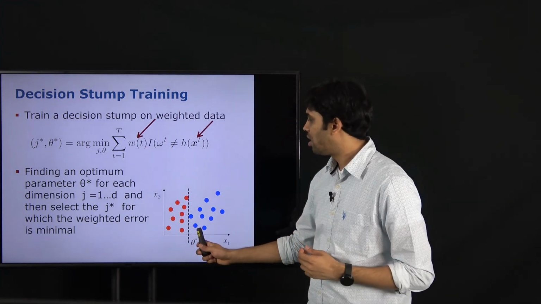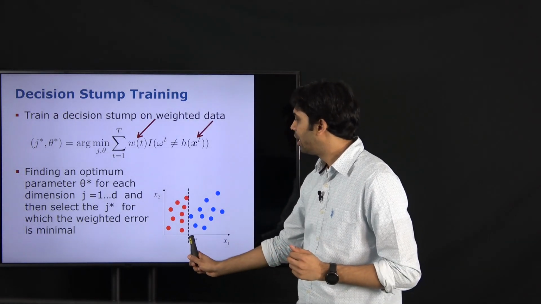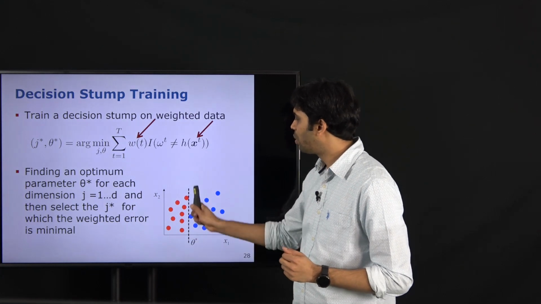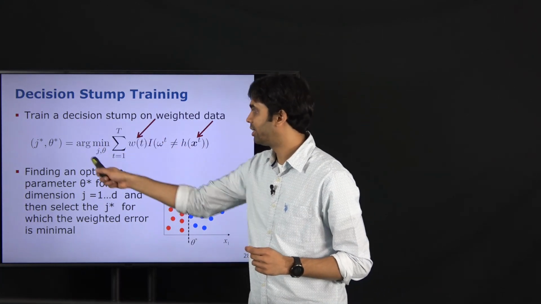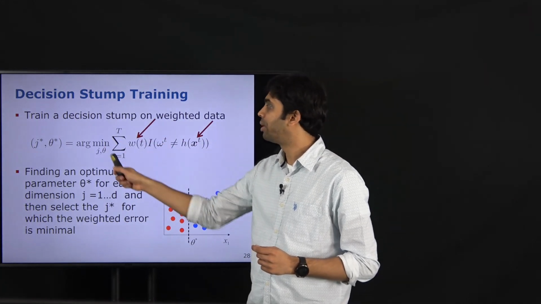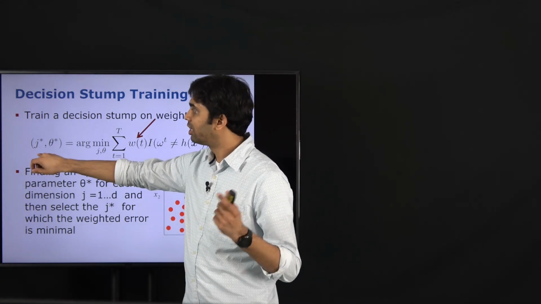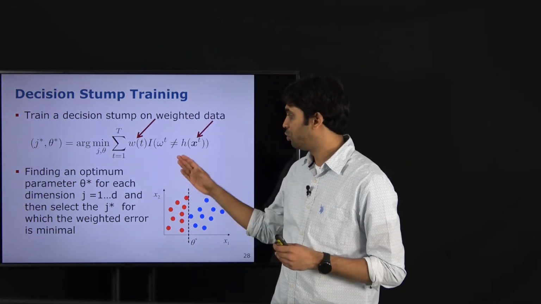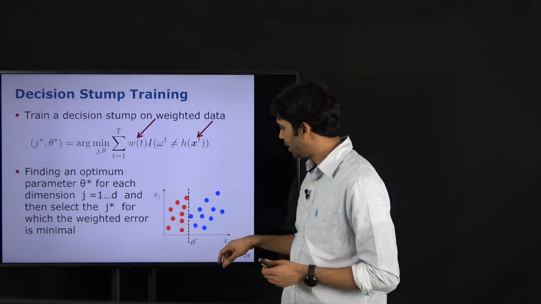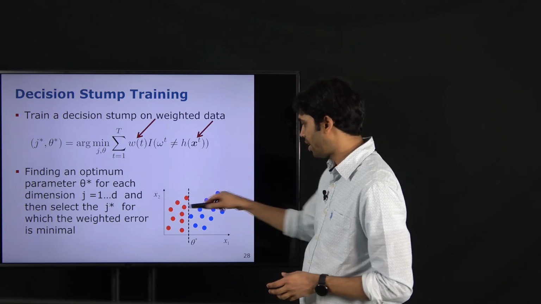And therefore now the whole story of training a decision stump means you need to figure out where I put this dividing line such that I minimize this optimization function that's given here. And if you see, we have another term which we need to estimate, which is the j, which in this case is which axis. So here j is 1 or 2. So you can either put lines like this or lines like this.